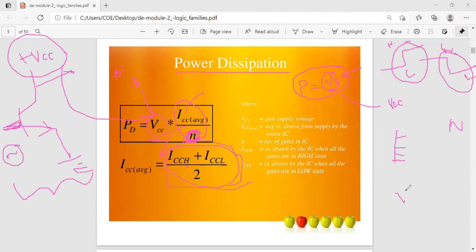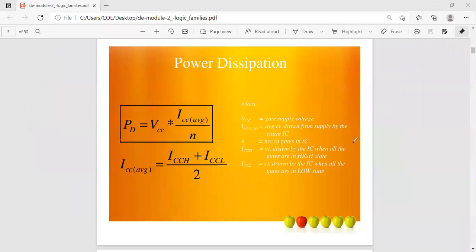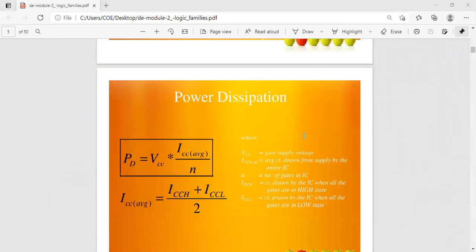To put it simply, V into del I equals P, the power dissipation in a device. I am not telling anything new here, but since it is a digital logic circuit with many switches, you should know what VCC is and what I is. I think I am giving a clear explanation about power dissipation.